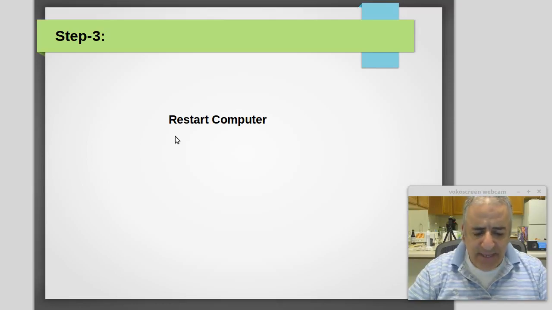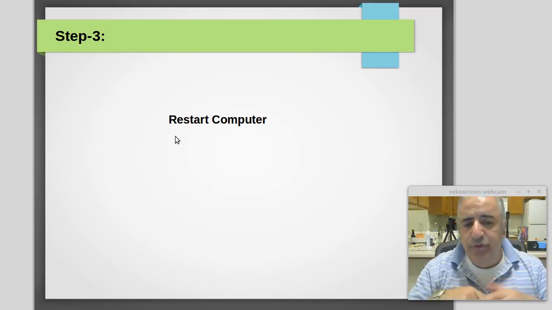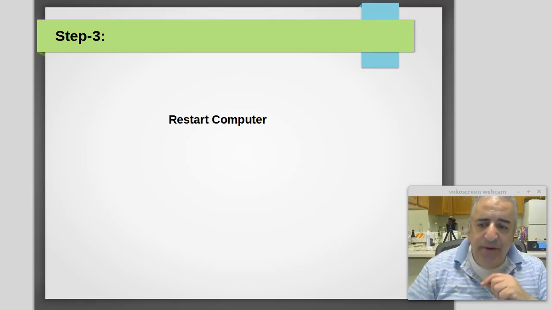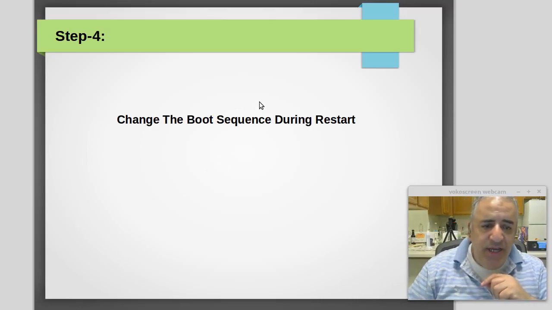So in my case, I hit F10 and enter the setup screen, and one of the options in the setup screen says boot and boot sequence. So you just move to the boot sequence and change your first choice of booting device to the USB.